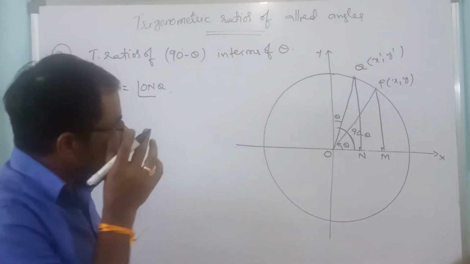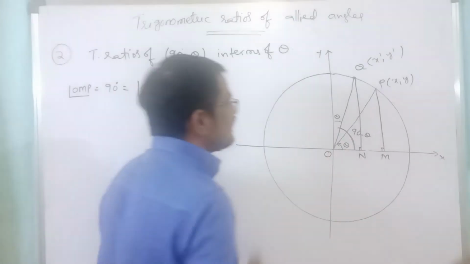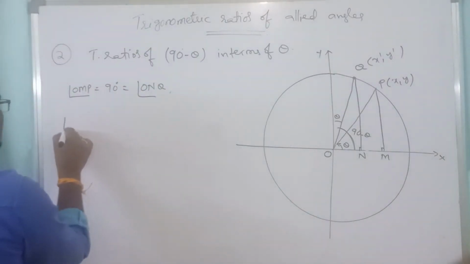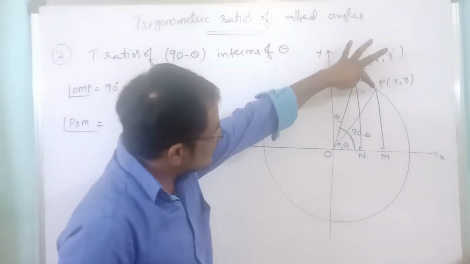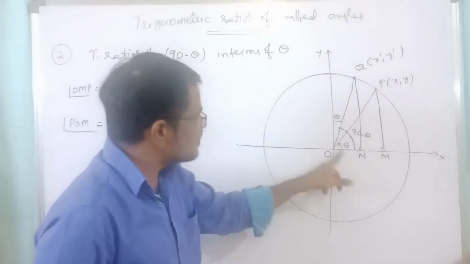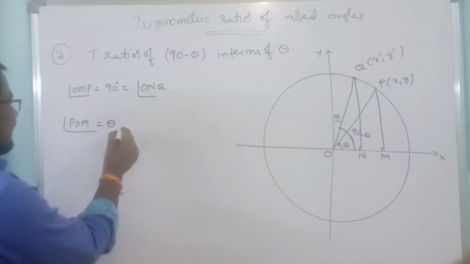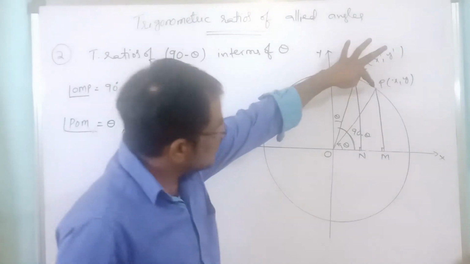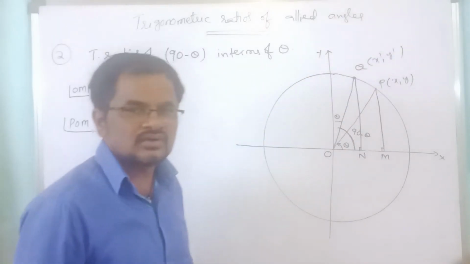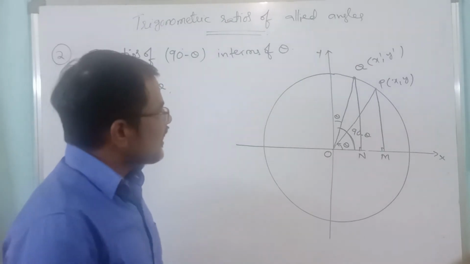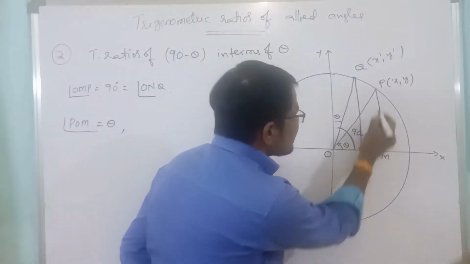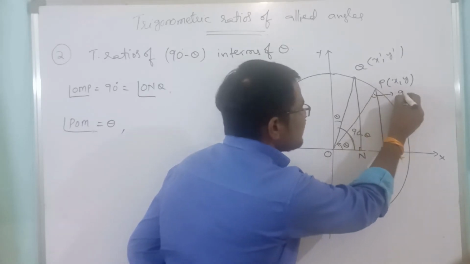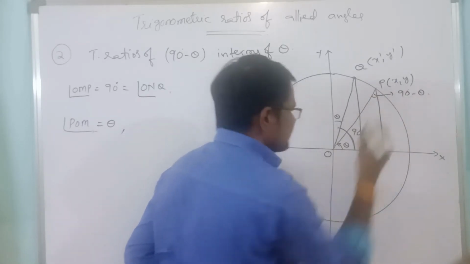Now in this triangle, angle POM is equal to theta, and here this is 90, which means this is 90 minus theta.